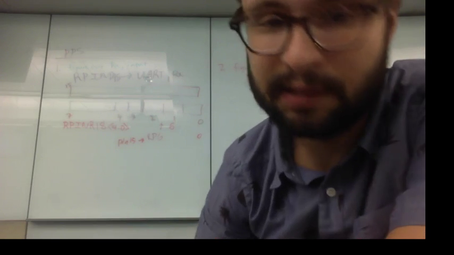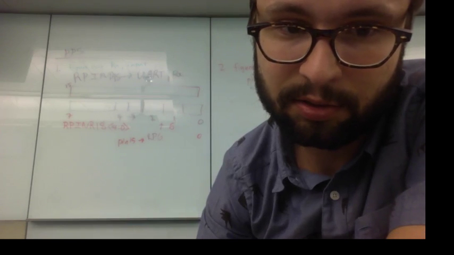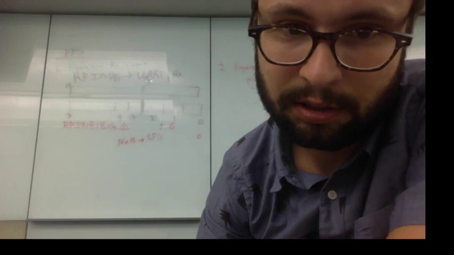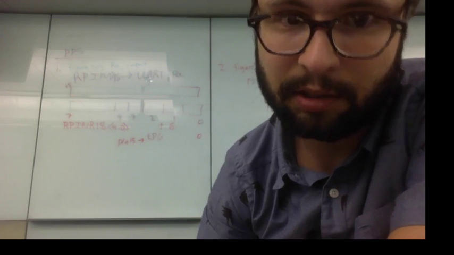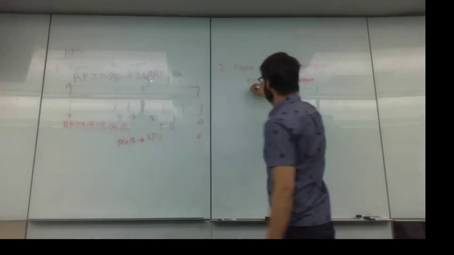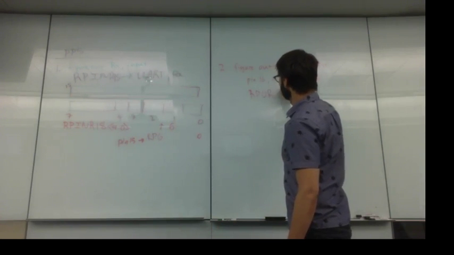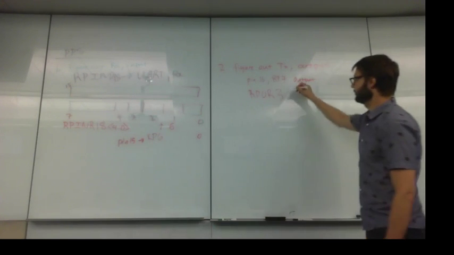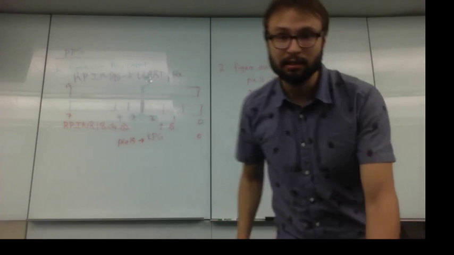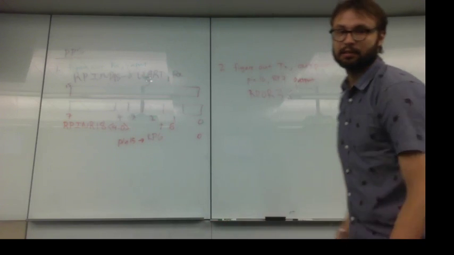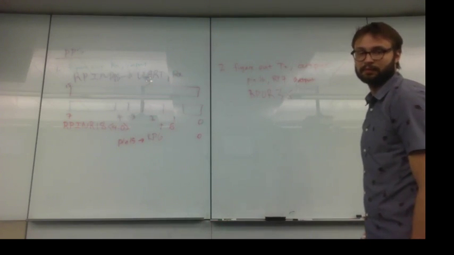Okay, so we want RP7. So let's go down. Okay, so we want pin RP7, that's in RPOR3 bits 8 through 12.